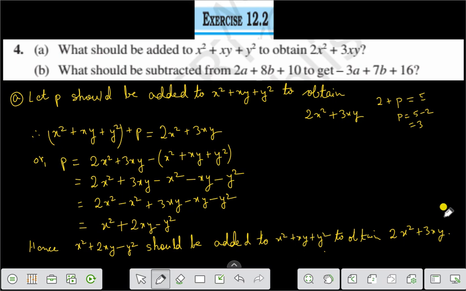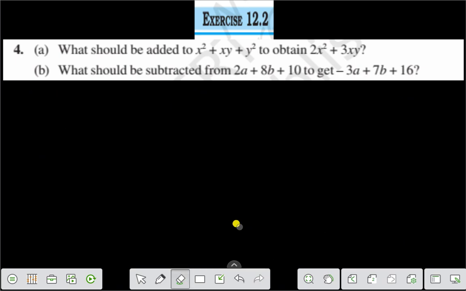Now solve question number B. Question number B is like this. What should be subtracted from this to get this one? If I say, what should be subtracted from 5 to get 2?